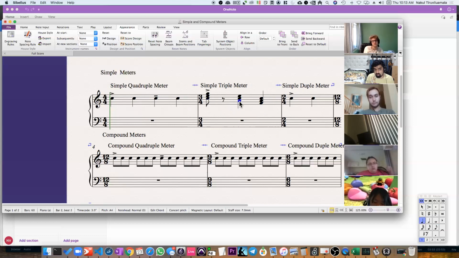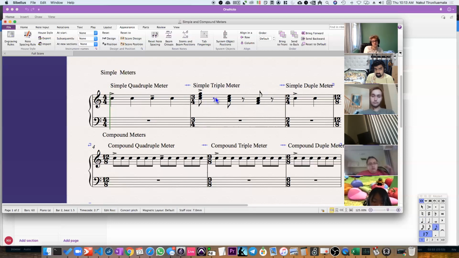But the power of subdivision says that this is actually a stronger beat than this. Similarly, this second big beat is a stronger beat than its offbeat eighth note, and this third big beat is a stronger beat than its offbeat eighth note.